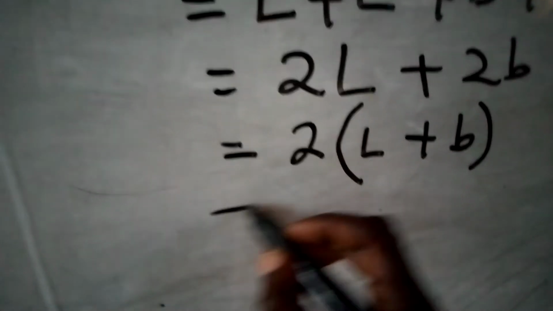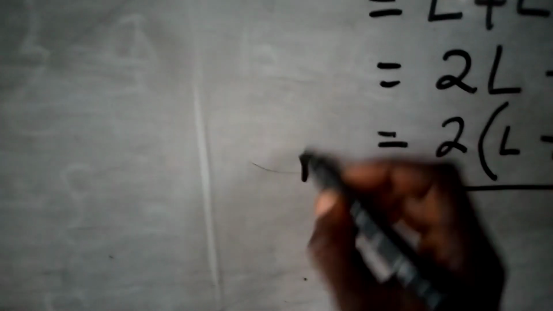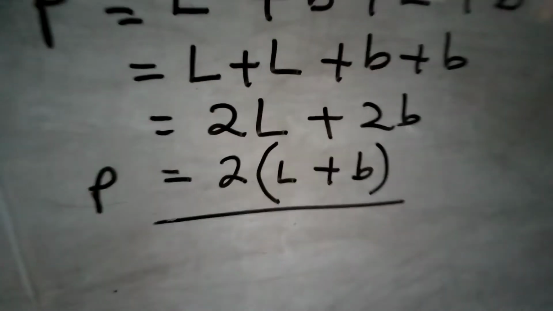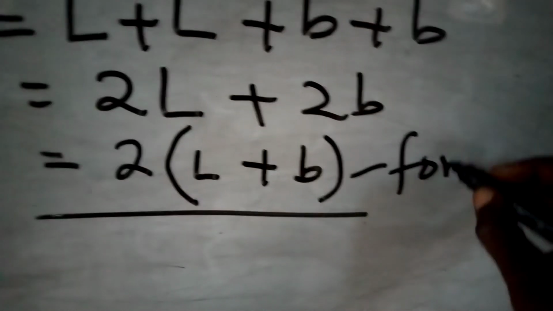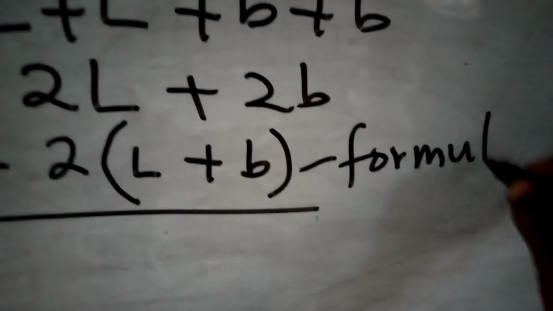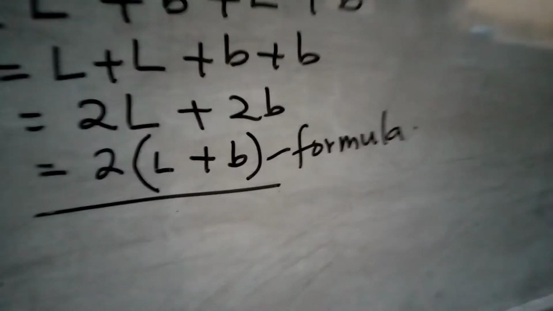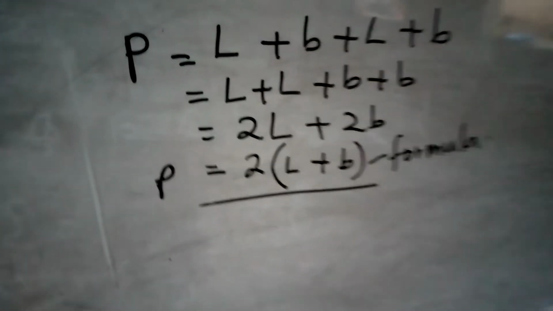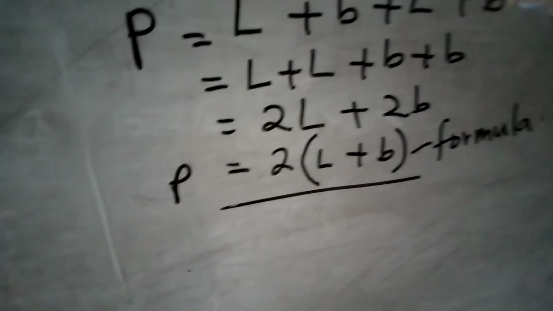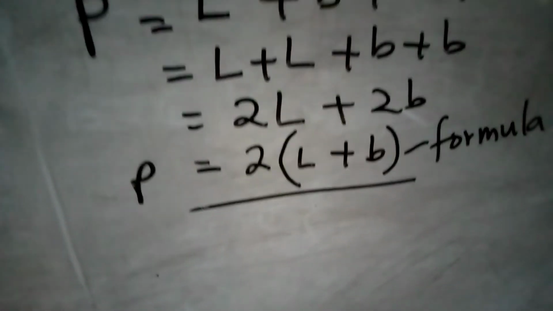So this forms the formula for finding the perimeter of a rectangle. That's how we derive the formula of the perimeter of a rectangle. So the formula is P is equal to 2 bracket L plus B.